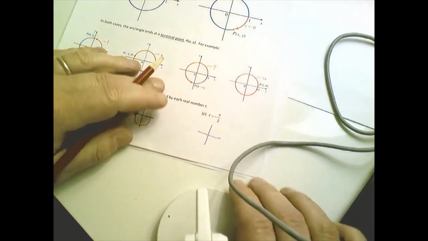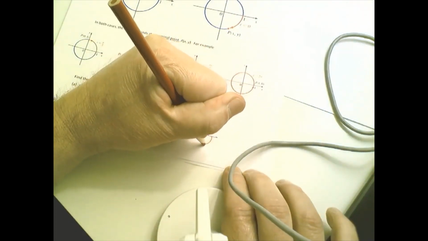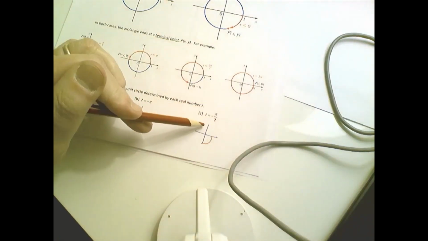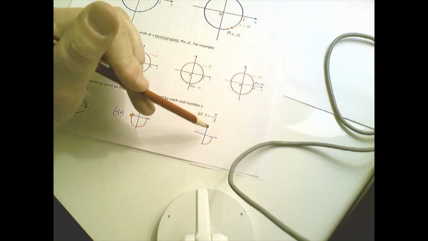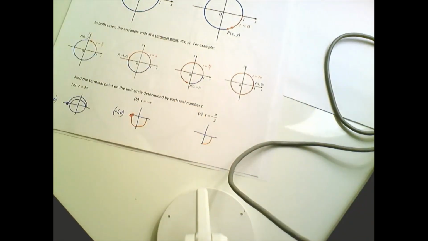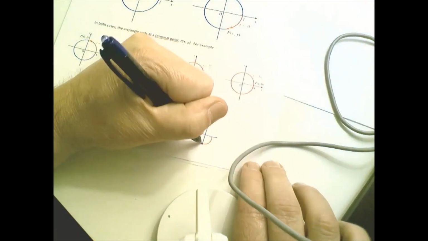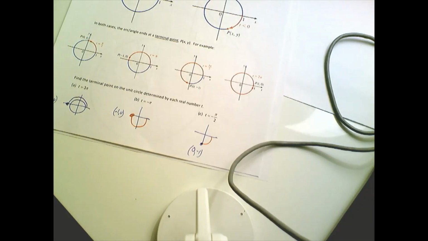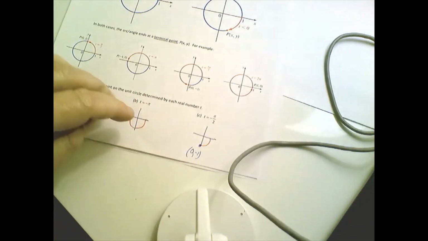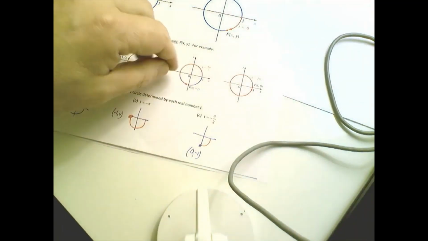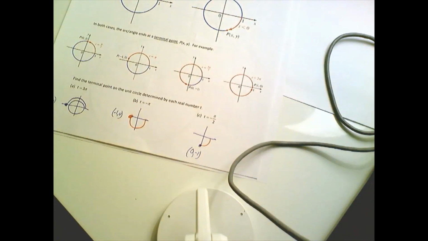Where do I go? I've got to go clockwise. Instead of going pi over 2 counterclockwise, I'm going to go pi over 2 in a clockwise manner. Where do I wind up? I wind up at the point 0, negative 1. So this is the concept here. On the unit circle, your arc length is equal to the angle that your arc has been subtended by.